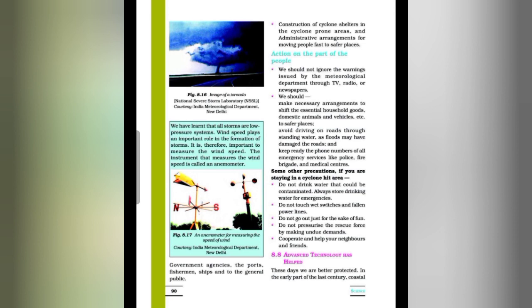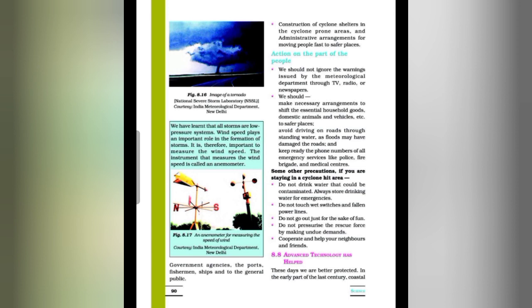Construction of cyclone shelter in the cyclone prone area and administrative arrangements for moving people fast to safer place. So government vehicles such as buses and trucks should be kept ready to evacuate people likely to be affected by the cyclone and should be moved fast to safer place like cyclone shelter. So these effective measures should be taken against the cyclone.